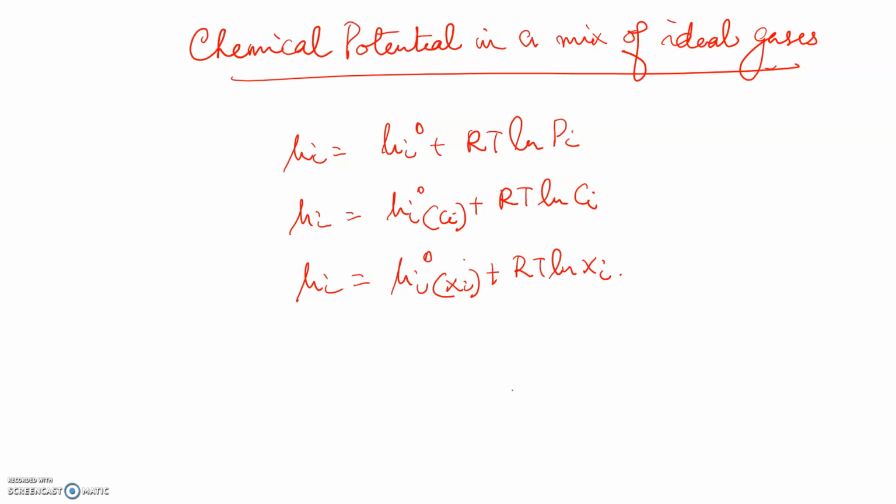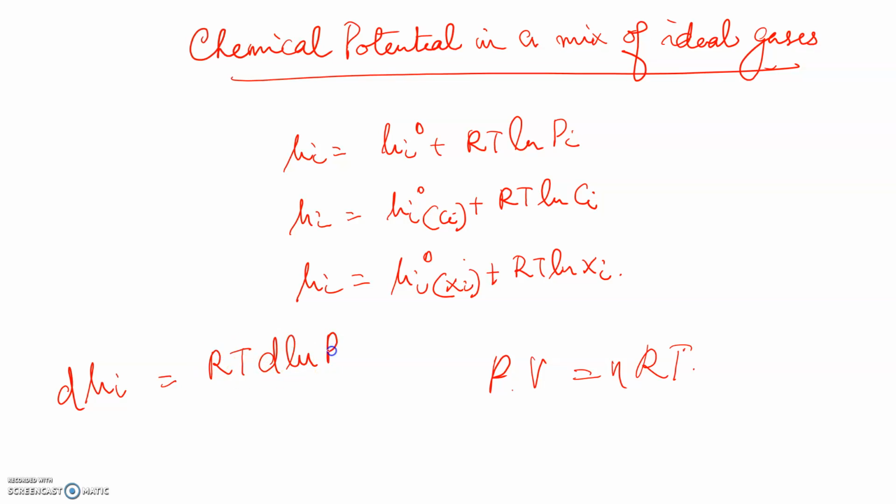Okay. These three equations were derived based on the assumption that these gases obey the ideal gas equation PV is equal to nRT. But real gases do not obey this equation. If real gases do not obey this equation, we cannot make the assumption that d mu i is equal to RT d ln P. Why was that?